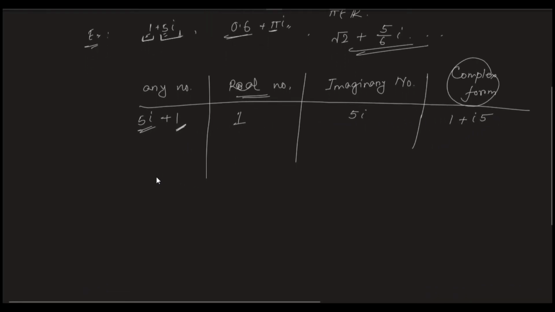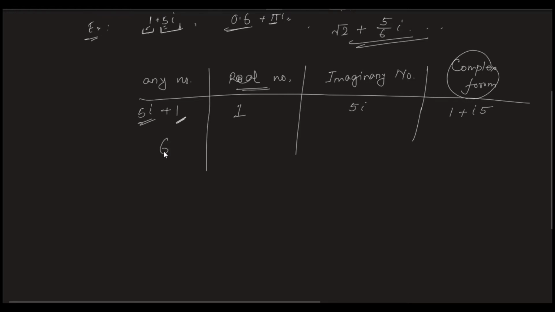Take another example, say 6. 6 is a real number. Is this a complex number? Let's solve. We can write this as 6 plus i into b, and our b is 0. 0 is a real number, 6 is also a real number.